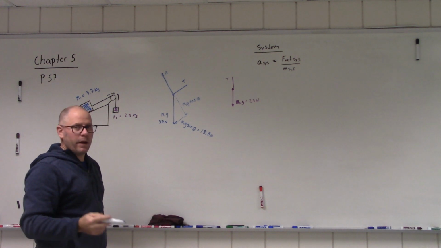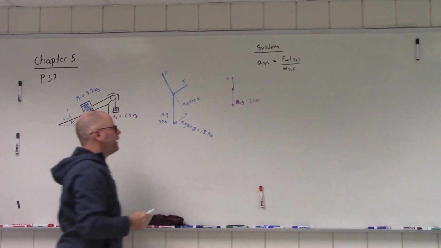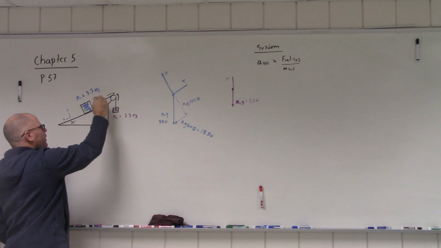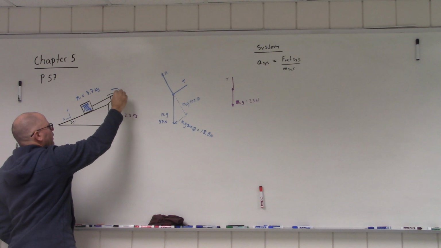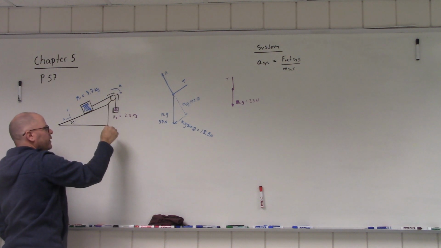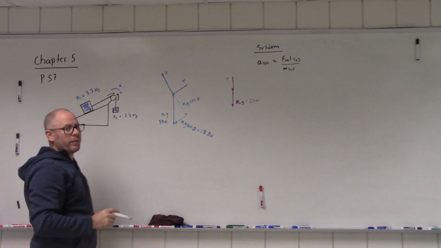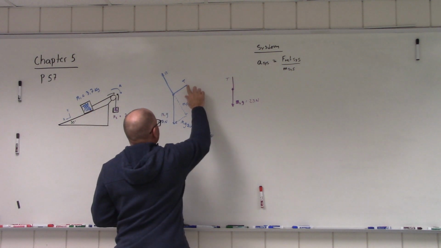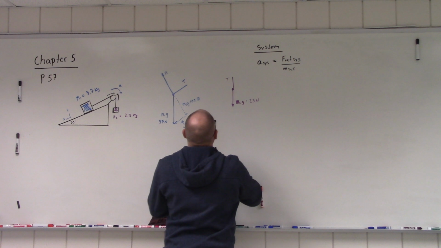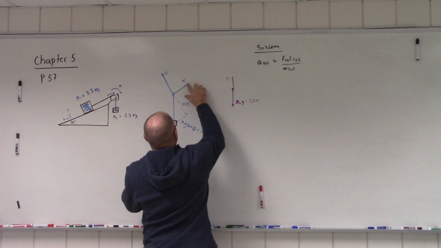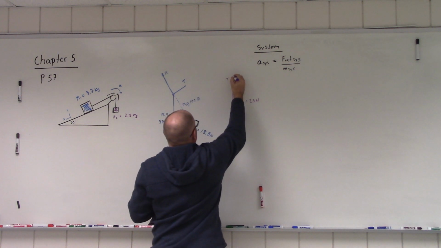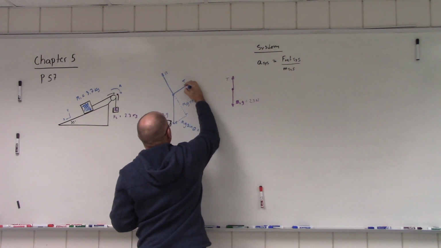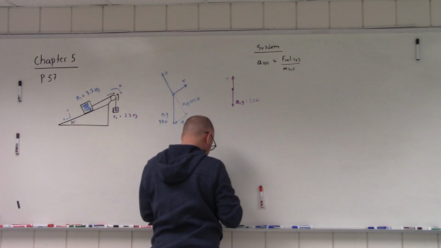So which is bigger, the 23 or the 18 and a half? Obviously the 23, which means that the 23 wins, and so this whole thing is accelerating this way. So this one is accelerating down, this one's accelerating up the ramp. And that looks good.